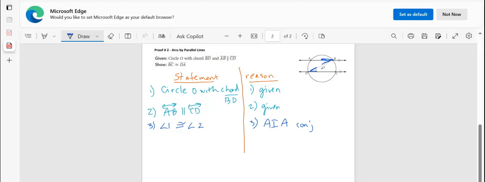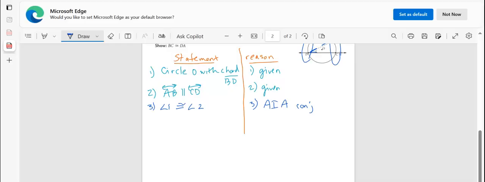We cannot automatically say the arcs are congruent because the angles are congruent, and this is because we have inscribed angles here. We don't have central angles. In the first example, we could automatically make that connection because the inscribed angle and the central angle have the same measure, but we can't do that here. So here's what we do.